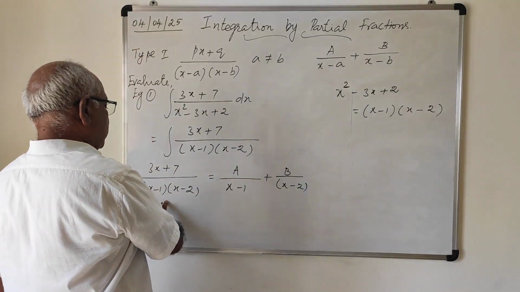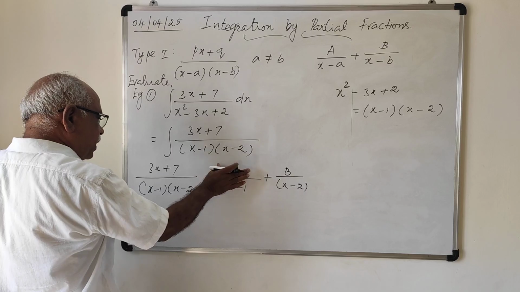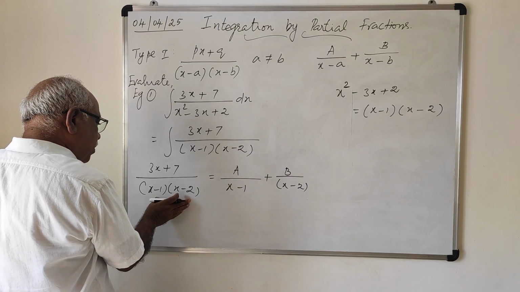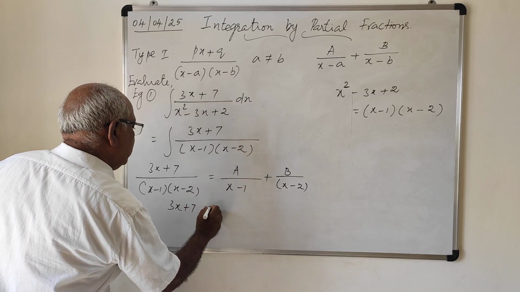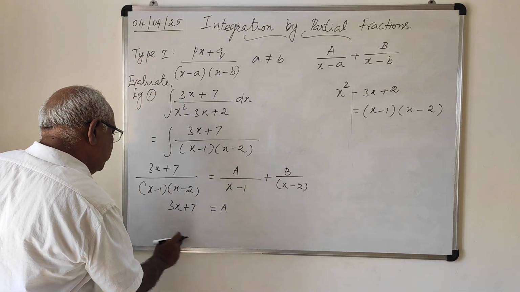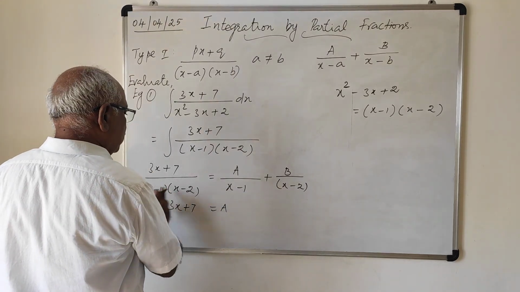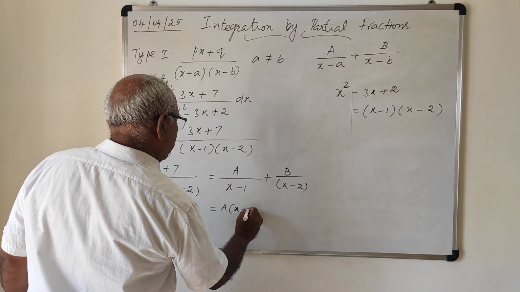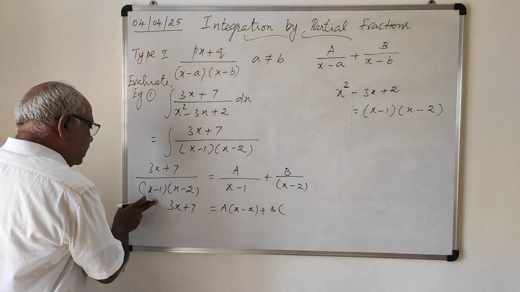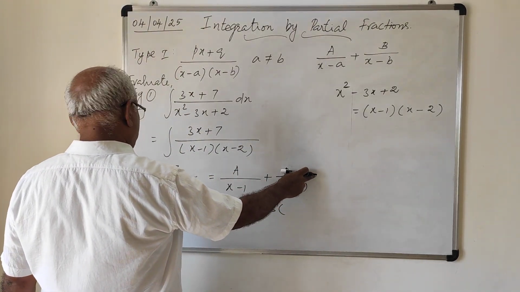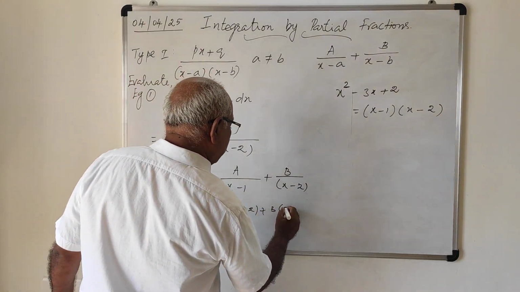We split this into a by (x minus 1) plus b by (x minus 2), and you equate the numerators by multiplying the denominator of the left hand side to the right hand side. You will get 3x plus 7 equal to a into (x minus 2) plus b into (x minus 1).